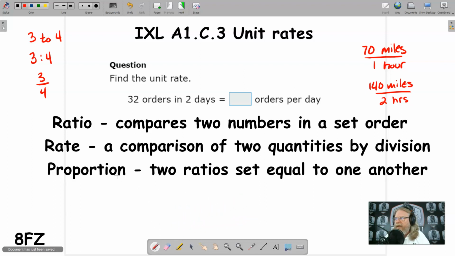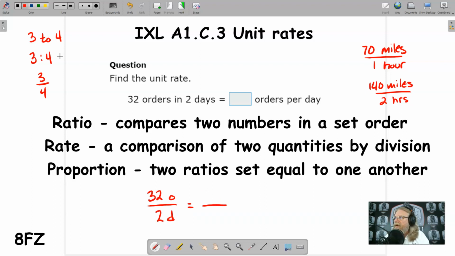So with that said, let's go ahead and try to solve this problem. We're going to do it using proportions, and those ratios that we set up are going to be written as rates. So we're given 32 orders in 2 days. So 32 orders, let's do O for orders. That's not a 0. 32 orders in 2 days. And this is equal to, and remember, order makes a difference.